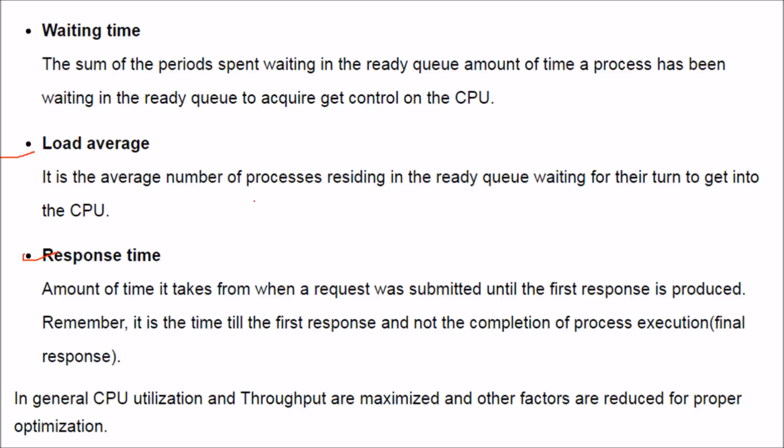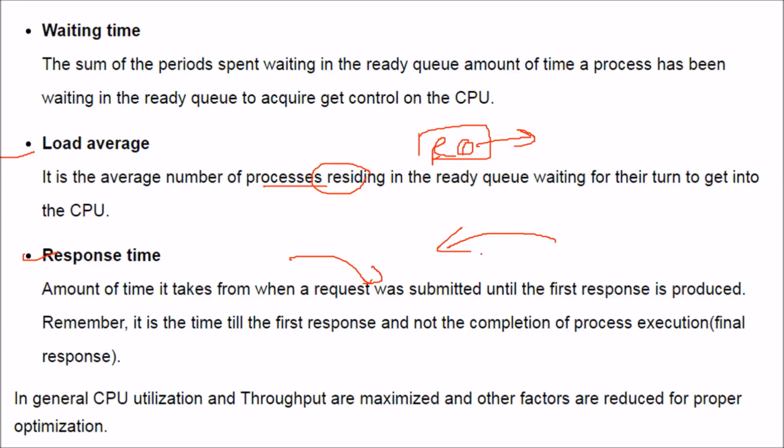Load average. It is the average number of processes residing in the ready queue waiting for their turn to get into the CPU. So the load should be as small as possible. Response time. The amount of time taken from when a request has been submitted until the first response comes.